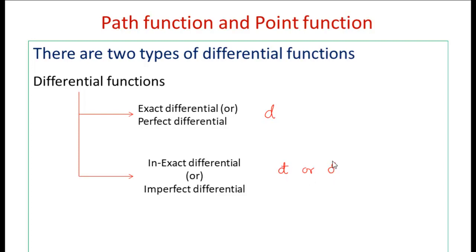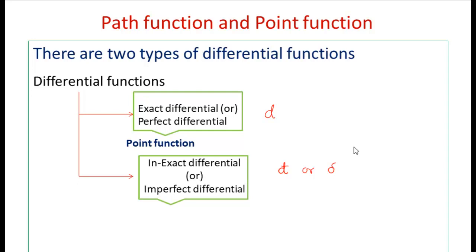Throughout this course we are going to use delta to represent the inexact differential, and if the differential is exact, then we will use the notation D. The exact differential is the point function, and the inexact differential is the path function. So let us discuss these point function and path function in detail.